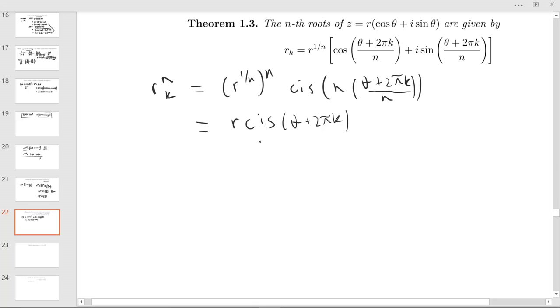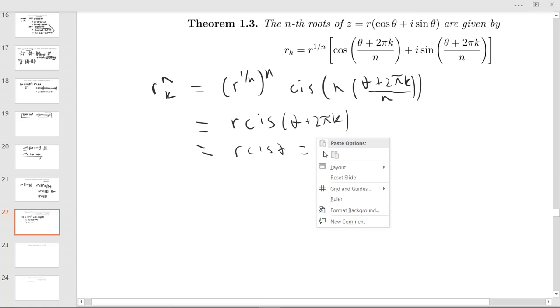And since our arguments go from 0 to 2 pi, this is just equal to r cis theta, which is equal to z. So we've proved that our r_k are indeed nth roots.